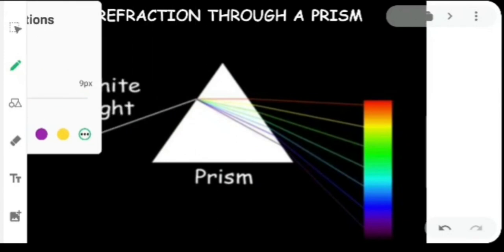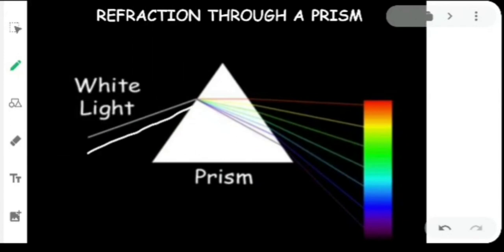This light ray is passing on the prism. When it falls on the prism, the light rays split into 7 different colors.